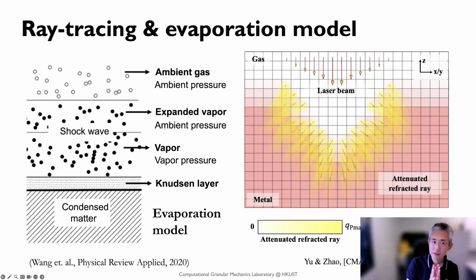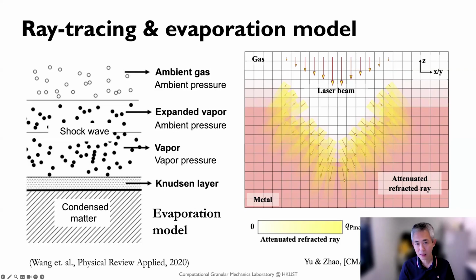Going back to the laser model, when we have a laser beam illuminating the powder particles and the multiple layers, the power is so high that it can evaporate part of the liquid into vapor. So typically we consider the so-called evaporation like this one here.